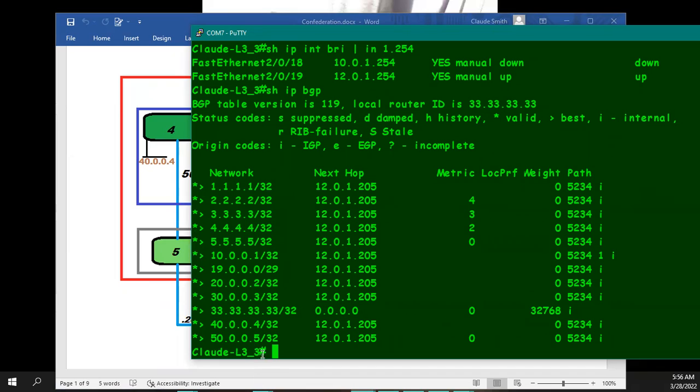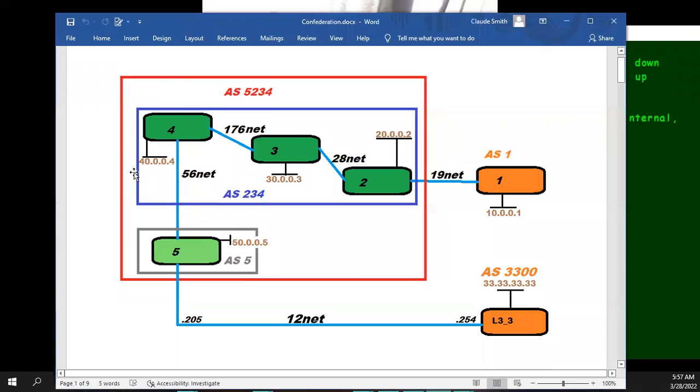So there's no reason why autonomous system 3300 needs to know about router 1, 2, 3, 4, 5, the internal networks that those internal routers are using that are all within this confederation. This IBGP environment is really just a transit autonomous system. Autonomous system 3300 is more concerned about the resources in autonomous system 1. That's all it really needs to know about.